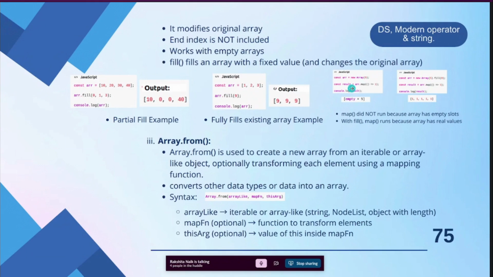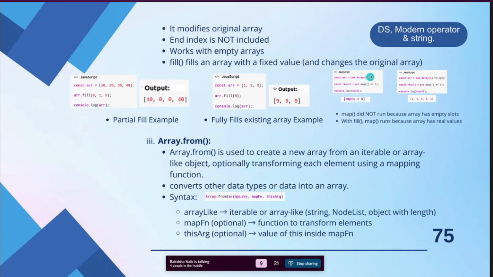So look, the map will ignore the empty array, right? So with the help of fill, what will happen? I'm creating an array with new Array of length 5. It creates an empty array. If I perform a map, filter or anything, it will ignore it.